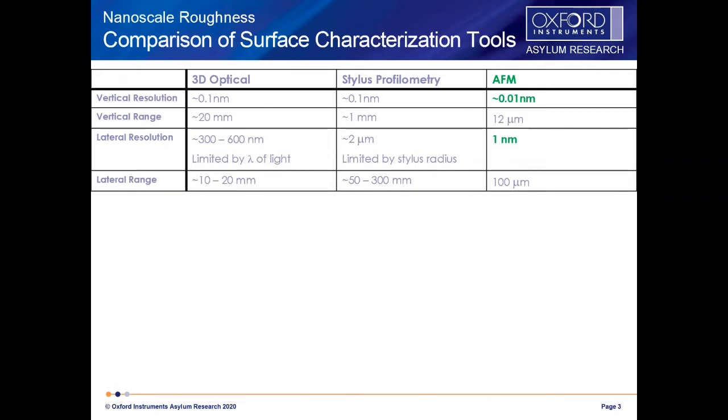In case of a stylus profiler, your resolution is limited by the radius of your stylus tip. And in case of AFM, your resolution is also limited by the radius of your tip. But AFM tips can be very, very sharp. Sometimes they are sharper than even 1 nanometer. So you can get some outstanding lateral resolution with AFM. The lateral range of the measurements in an AFM is up to 100 microns. In other techniques, it can be a lot bigger.